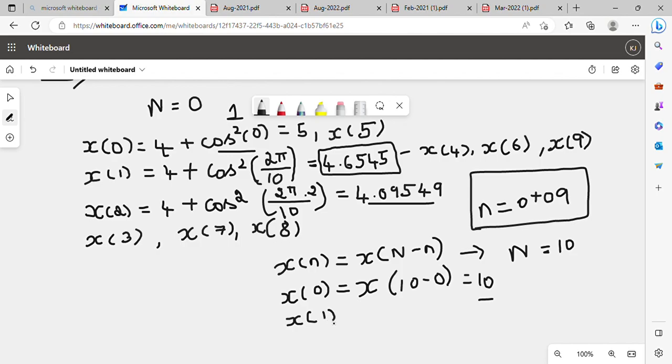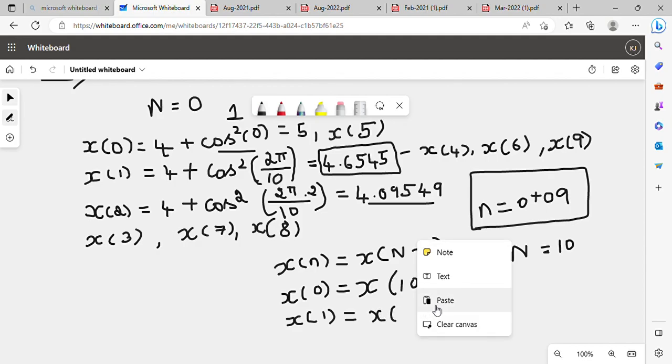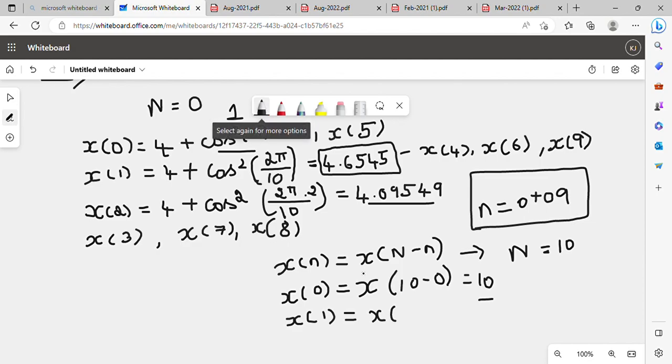Okay, so my x of 1, I'll prove this without fail. So x of 1 is equal to x of 10 minus 1. So here I proved it, okay. X of 10 minus 1, which is equal to x of 9. I am so sorry.